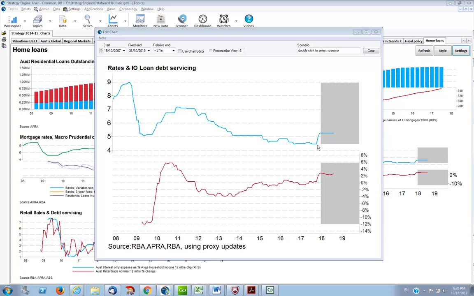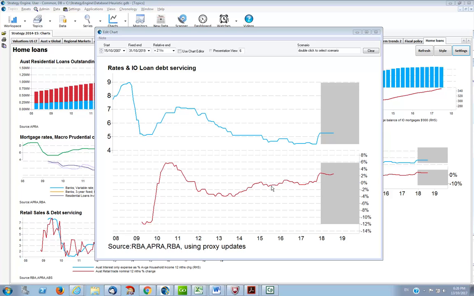What we're interested in is the impact of this increase in interest rates on the servicing of those loans. That's represented by the red line below, which shows essentially the change in the interest payment.